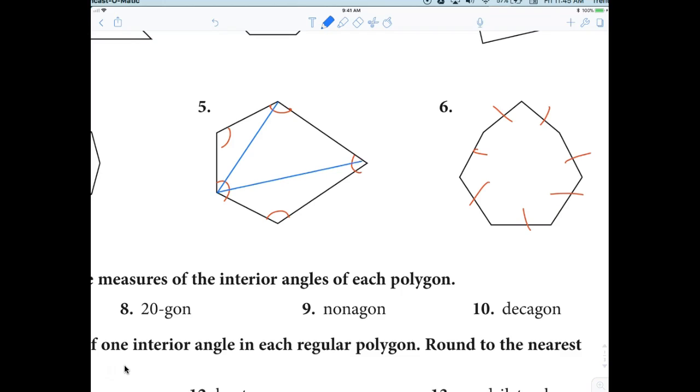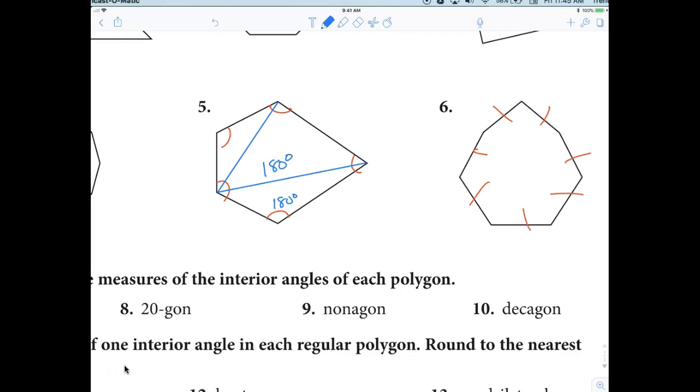When you draw the triangles, you've separated that figure into 3 triangles. And the interior angles of each triangle add up to what? 180 degrees. These angles here add up to 180 degrees. The angles in the middle add up to 180 degrees.